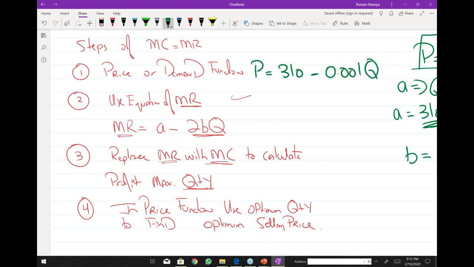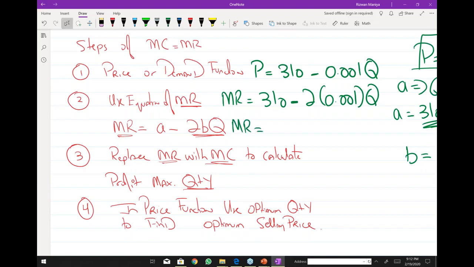Now let's use this equation for MR. So I would be writing here marginal revenue is equal to 310 minus 2BQ. So 2 times 0.001 Q. So it's 2BQ, right? And once I solve this, MR is equal to 310 minus 0.002 Q. Agreed, guys?